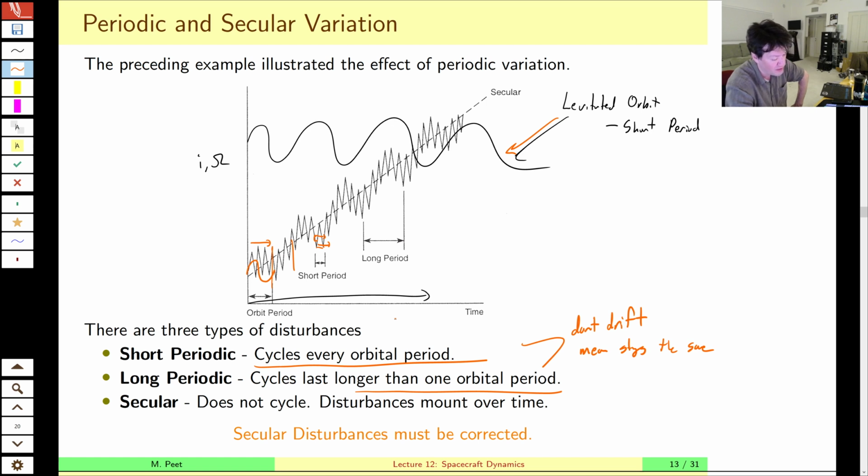So this is again the levitated orbit kind of thing. And the long period ones, which act over multiple orbits but again disappear over time, don't have any change in the mean. These are mostly harmless, or even beneficial.